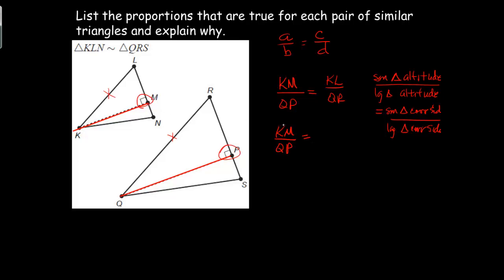It goes from the vertex perpendicular to the base. That's always how you know what you're dealing with, altitude. And you could use the side KN over QS, and that would be here. Those two sides. You could also write a proportion using this side. It doesn't matter, just as long as you have the altitude in there.